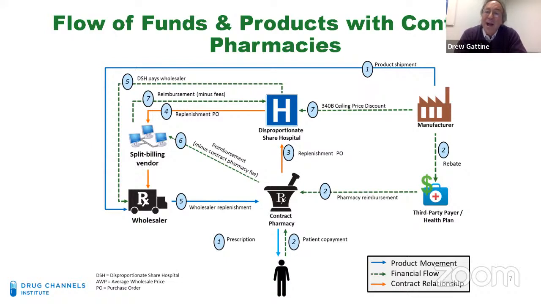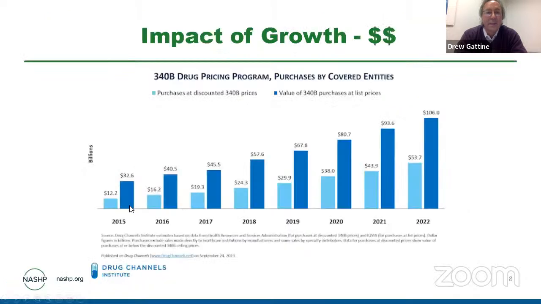And again, now that you have so many different types of business entities participating in 340B, you not only have the contract pharmacies and the hospitals and the other providers, but you also have these administrative entities like split billing vendors who try to figure out where the money goes between the different business entities, and it just becomes a very, very difficult thing to untangle, and policymakers are working very hard to try to understand this. Go to the next slide, please.